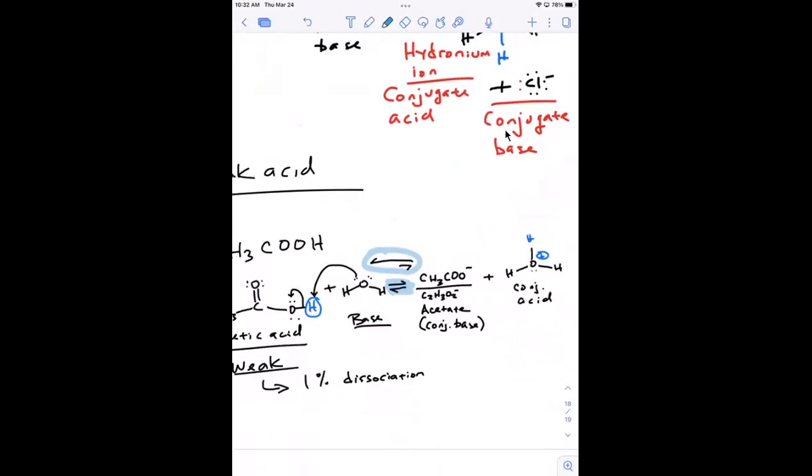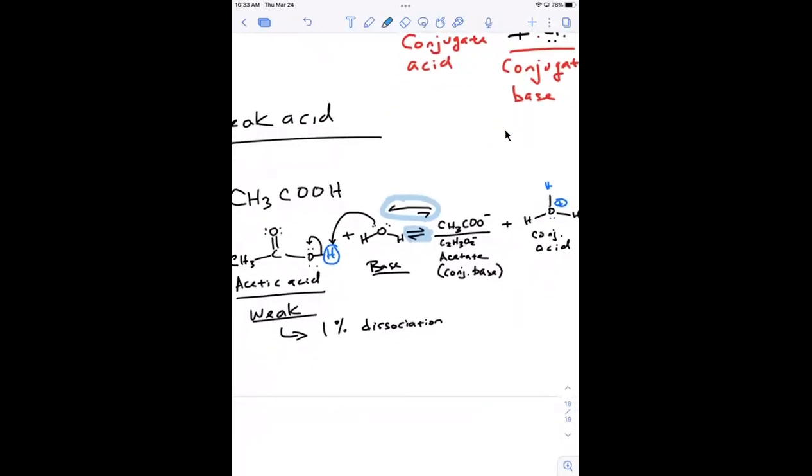Kind of like thinking about this being on a seesaw. If both sides were on a seesaw, the reactant side with the acetic acid and the water is going to be tilted this way.